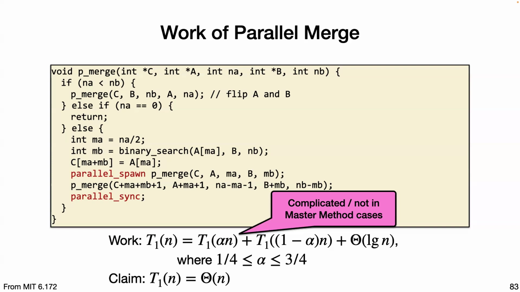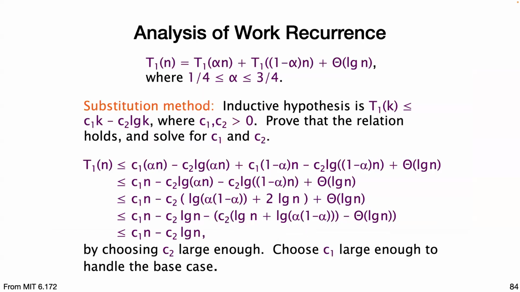We have shown that the merge has span log squared, but we don't want to lose in the work, and we want to show that the work is also still theta n, which is what it was before when we did this 2-finger stepping. It was of course n because we touch every element once. It's a bit complicated, but you can prove this through substitution.